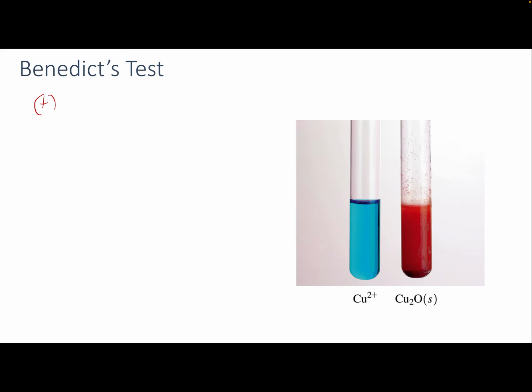So what a Benedict's test does is that if you have that situation, aldehyde plus hydroxyl, then we can use the Benedict solution, which has copper ions. It's a copper 2 plus. It comes from the copper sulfate.